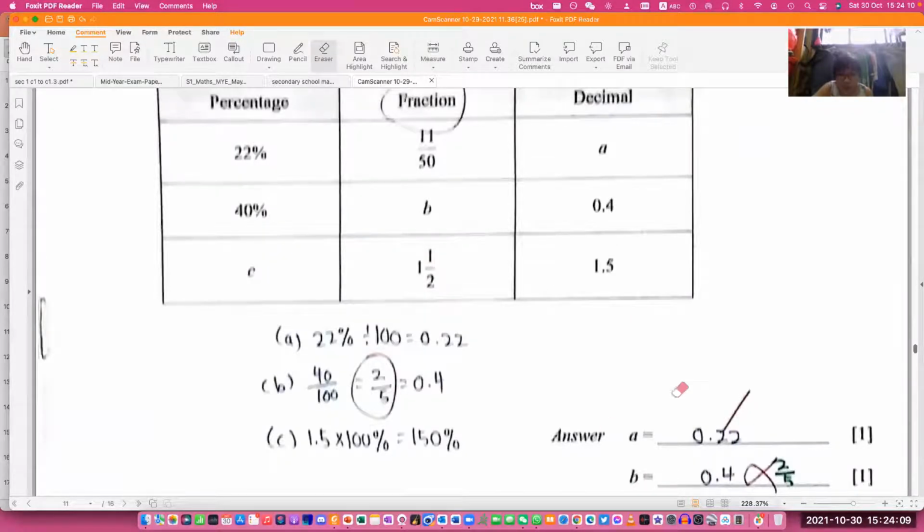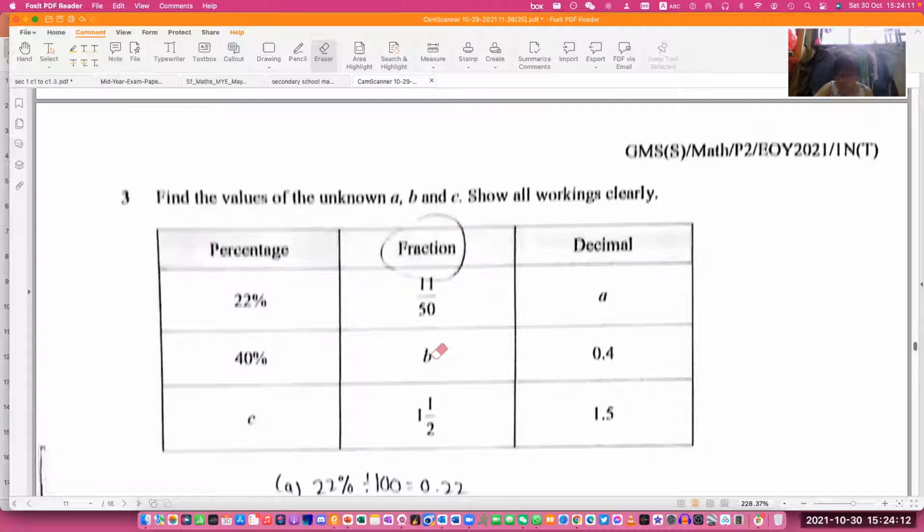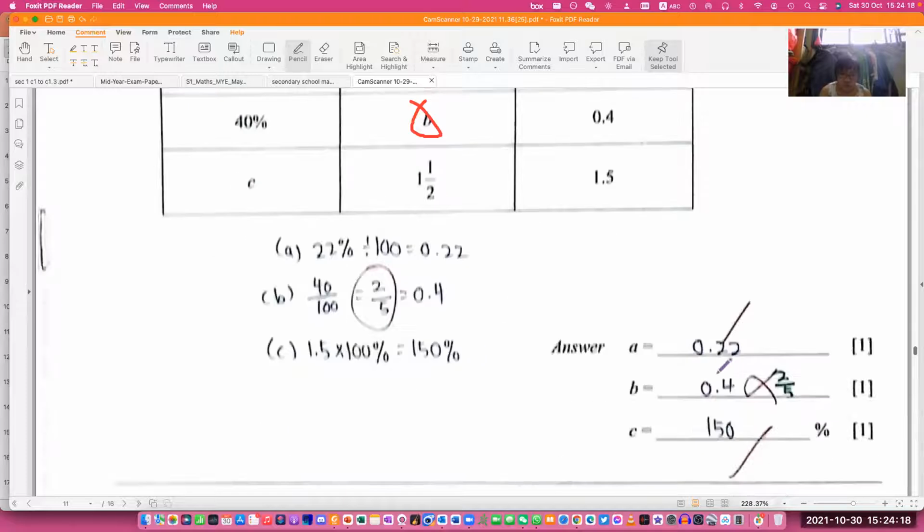This one is the most stupid one. Part B. Part B, the B is under fraction, right? Then you go and write decimal. No, you go and write decimal. Can you not see the first one is percentage? This one is fraction. Then the last one is the decimal. That's why I say this 1 mark is very stupid.